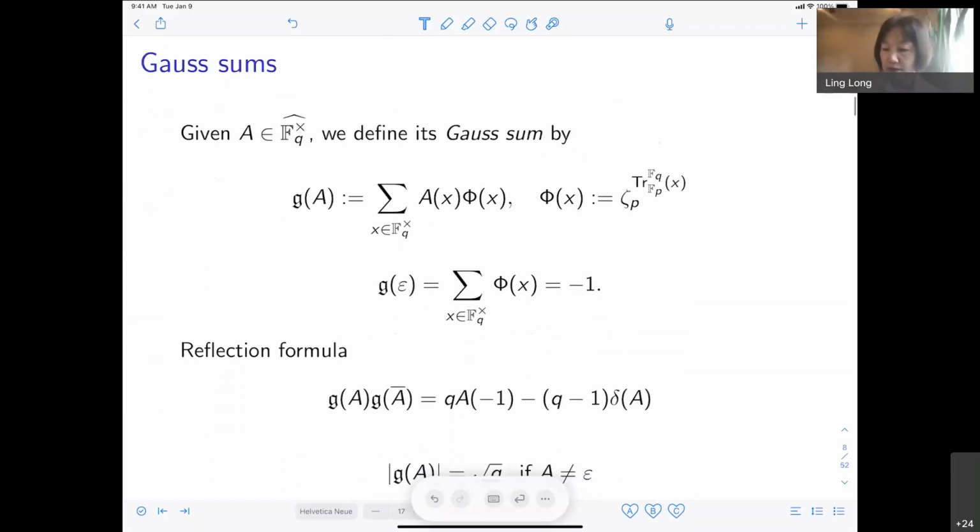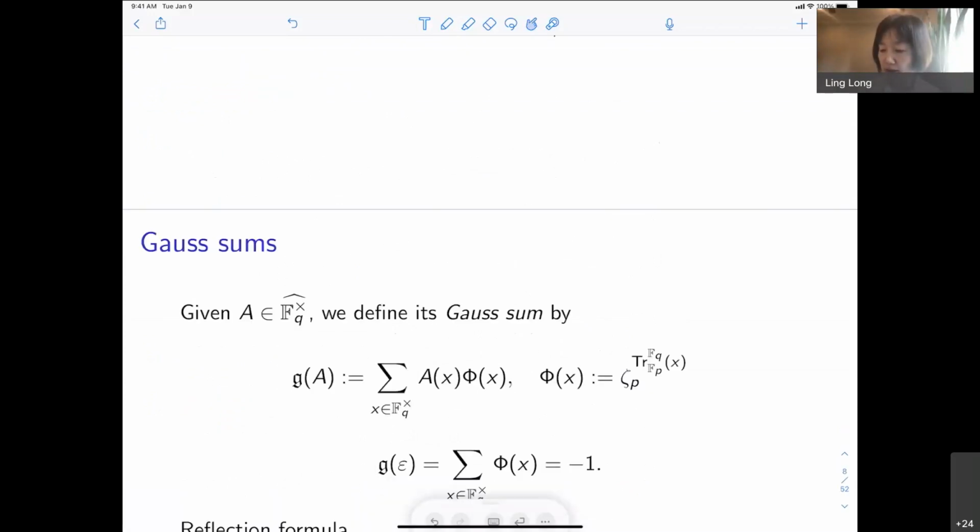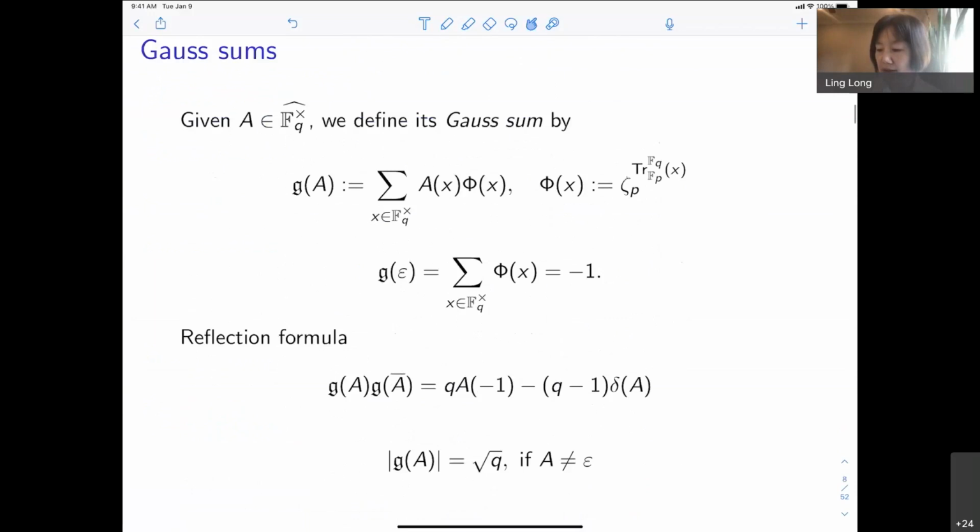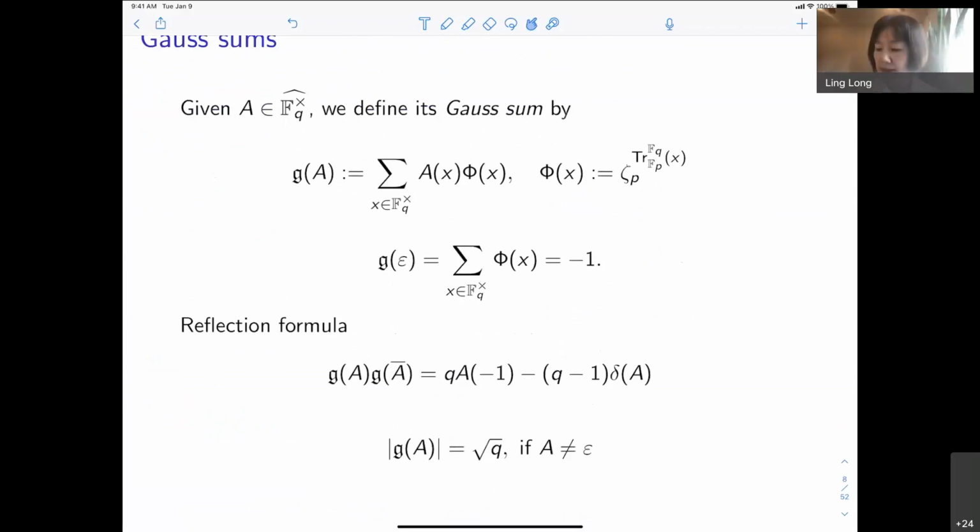If you have a multiplicative character, which is written down as A over here, we can define its Gauss sum by a definition very similar to the gamma function. You take this multiplicative character and couple it with the additive character, then you sum over all the invertible elements.